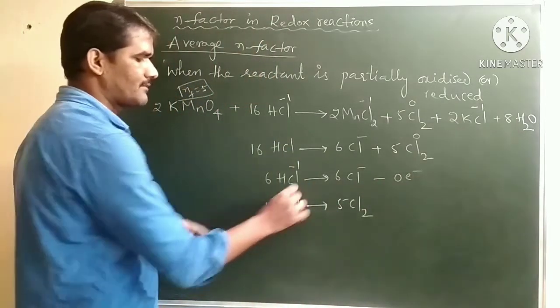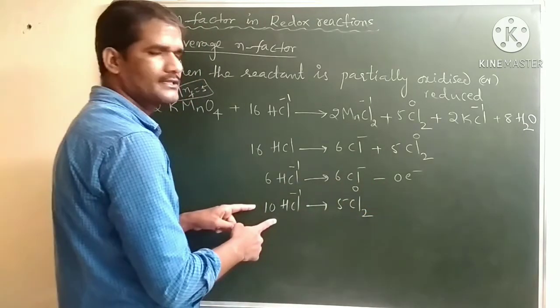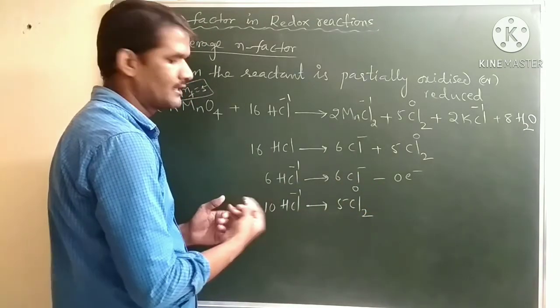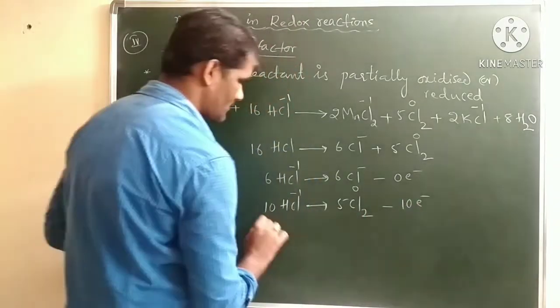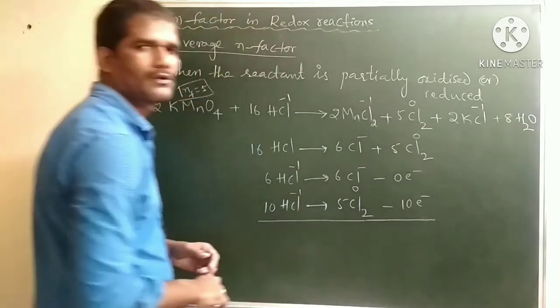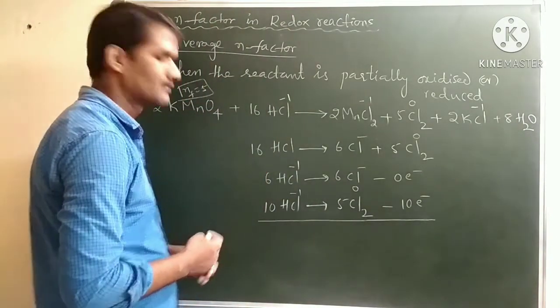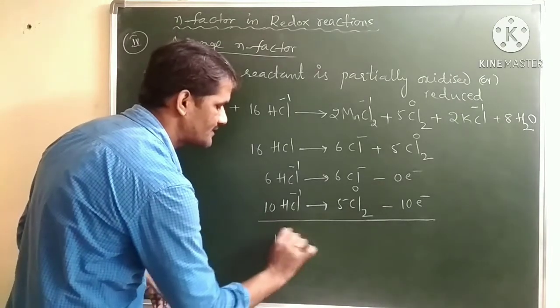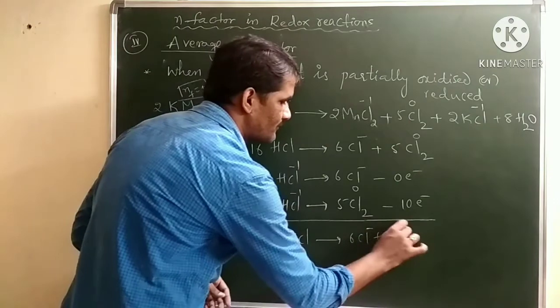And in this case -1 to 0, so the 10 HCl molecules lose 10 electrons. Now again, overall electrons transferred by the HCl: there are 16 HCl giving 6 Cl minus and 5 Cl2.